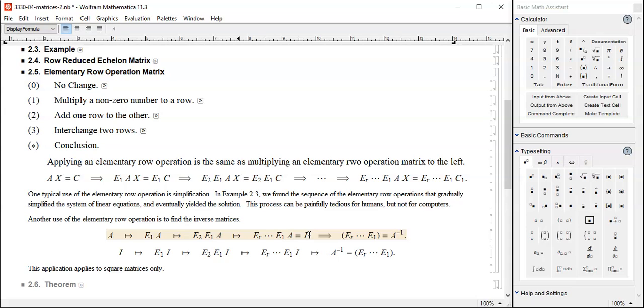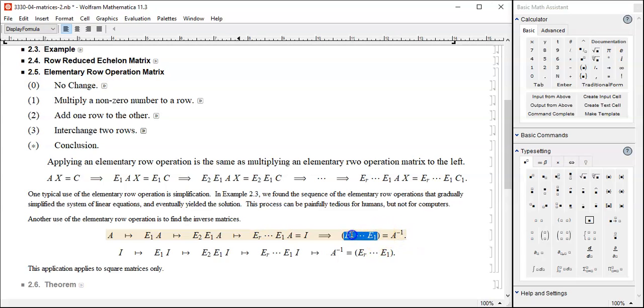But in this case, let's suppose it can become the identity. In that case, this part, E1, E2, E3, all the way to ER to the left, is the inverse matrix, because this times A is equal to I.